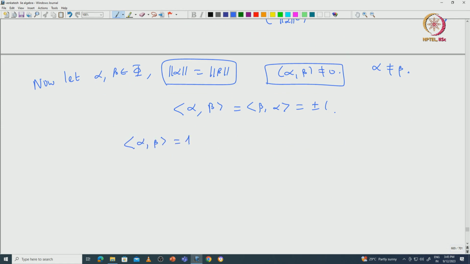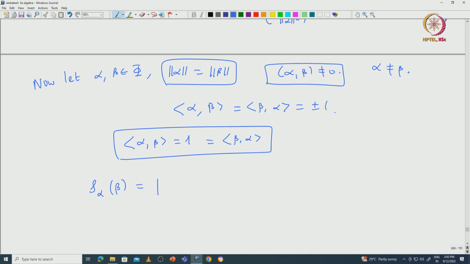So, then this implies that the Cartan integer associated with beta, alpha is also 1, because the inner product of beta and alpha must be positive. So, then you can see that S alpha of beta must be exactly beta minus alpha, and similarly S beta of alpha also must be alpha minus beta.